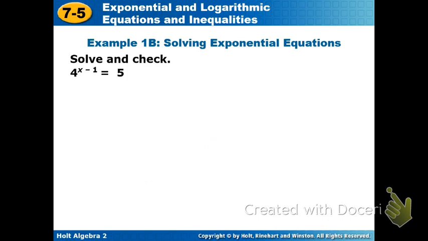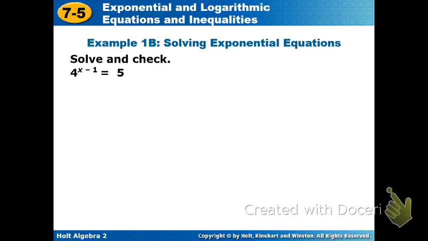Okay. All right, we're going to take 4 to the x minus 1 equals 5. Now, this is different from our first one because 4 and 5 are not multiples of each other, right? You agree with me, yes or no? Yes.